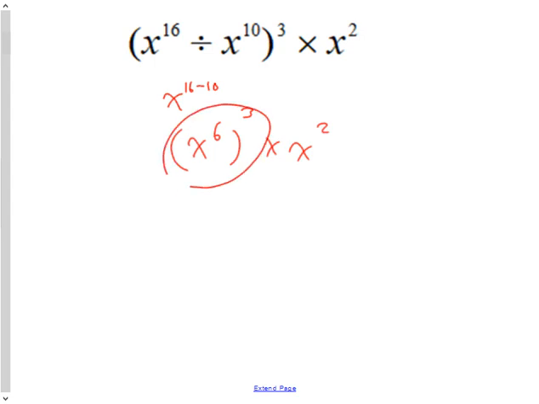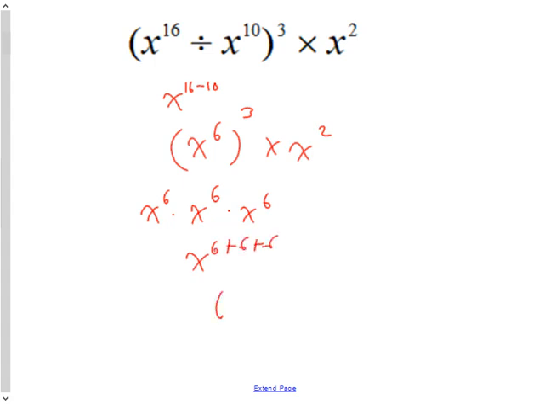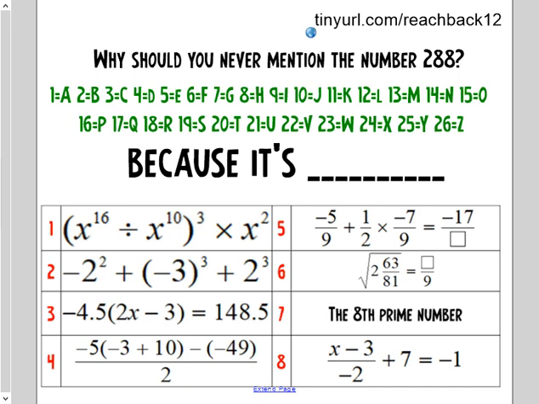Here, when we have x to the 6 cubed, that really means x to the exponent of 6 multiplied by itself 3 times, which is the same thing as x with 6 plus 6 plus 6, which is x to the 18, multiplied by x squared, which gives a final answer of x to the exponent of 20. So 20 is our missing exponent, and therefore our first letter in our answer is going to be T.